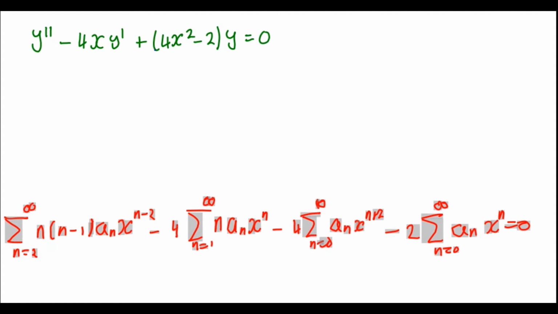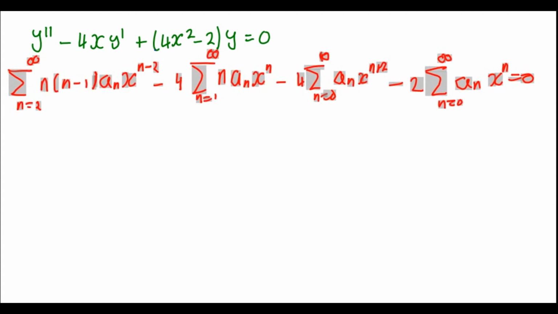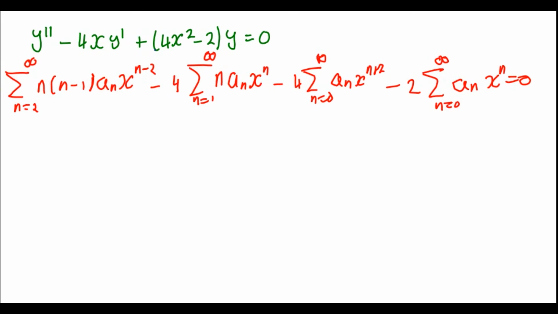So when I say shifting the index, what I mean is this. I want to ensure that the power for this x, for this x, for this x, and for that x is the same. In most cases we just write it to be x to the power n, but the idea is just to make it the same.